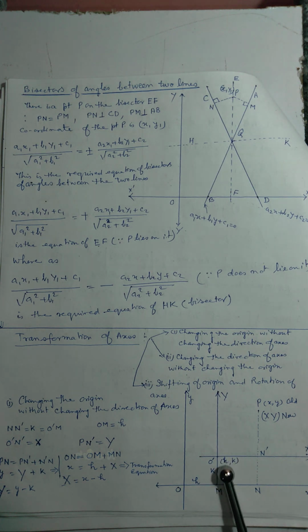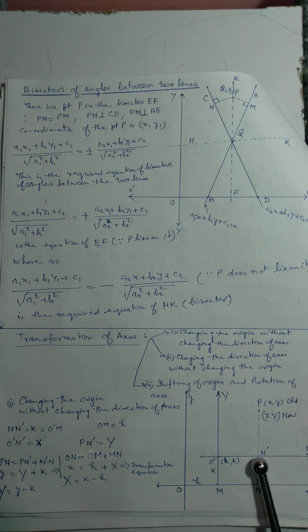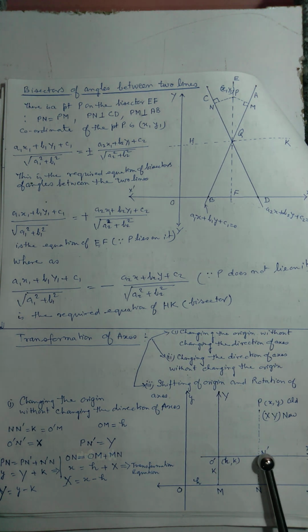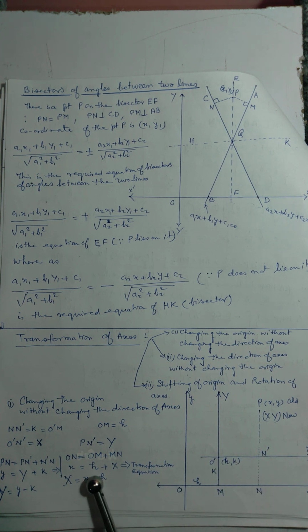So OM is h and MN is capital X. You see, O dash N dash is capital X, the abscissa for the new origin. So here I have mentioned ON is equal to OM plus MN.